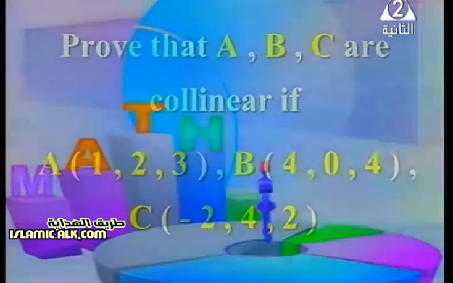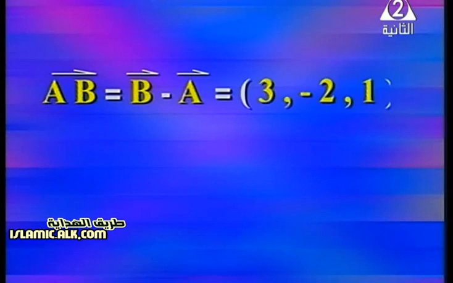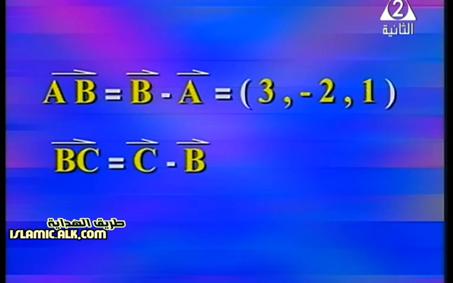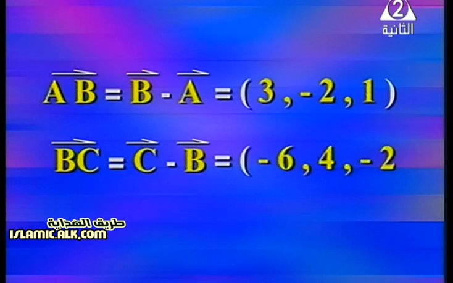By using the solution, AB vector. What do you mean AB vector? B vector minus A vector, or point B minus point A, equals what? (3, -2, 1). BC vector, C minus B, equals (-6, 4, -2) also.